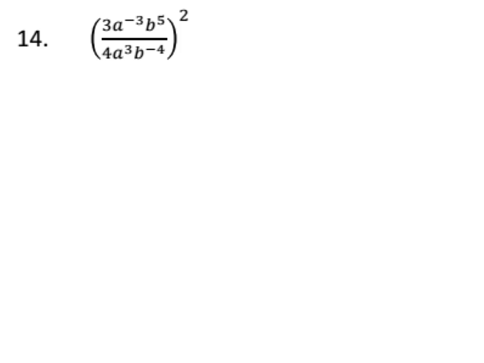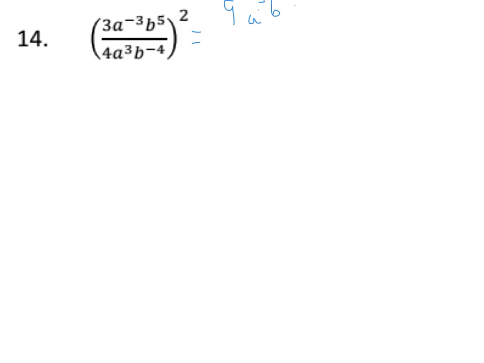Okay, so the first thing I'm going to do is I'm going to notice I've got an outside exponent of 2. I'm just going to distribute that to everything that's on the inside, and I'm not even going to think twice about it. So 3 to the second power is 9. A to the negative third squared is going to be a to the negative sixth power.